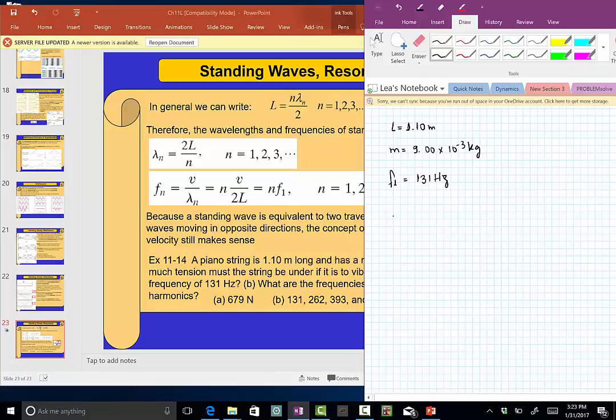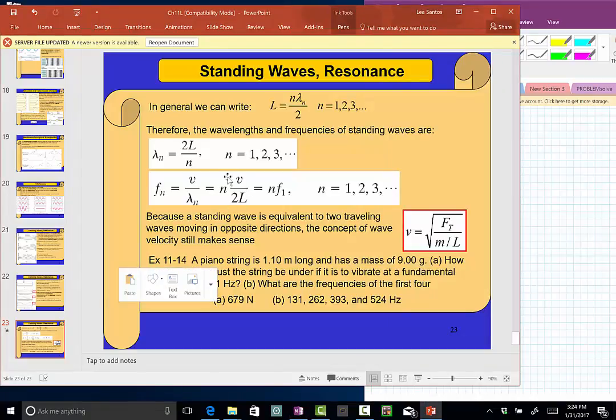All right, what is the first question? What is the tension? Okay, so how are we going to do this problem? Let's try to put all the equations that come to our minds. Well, I have an equation for the first harmonic, for the fundamental, in terms of the speed and the wavelength. And this is the equation that you see here, right?